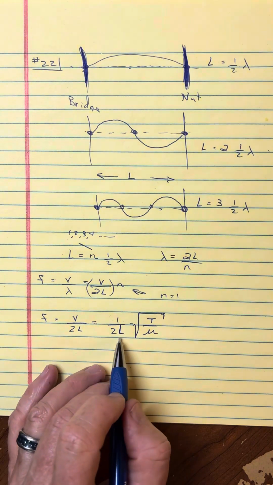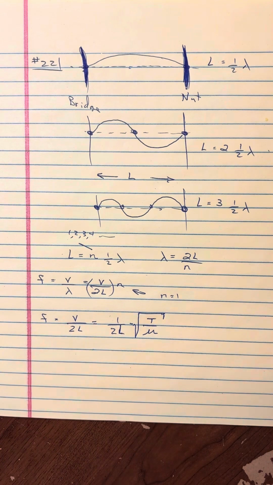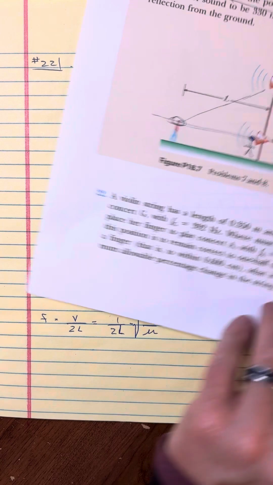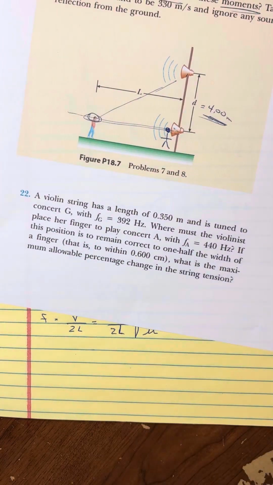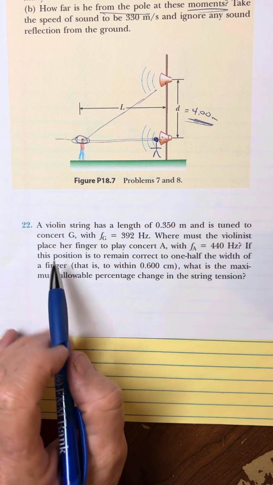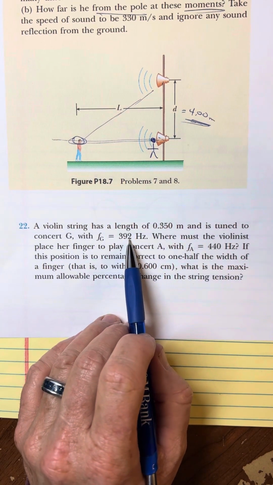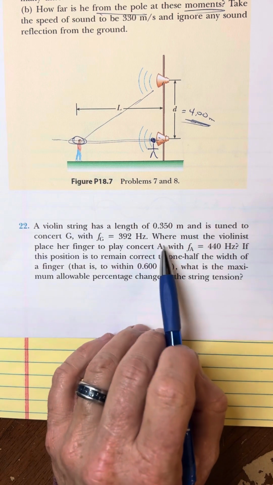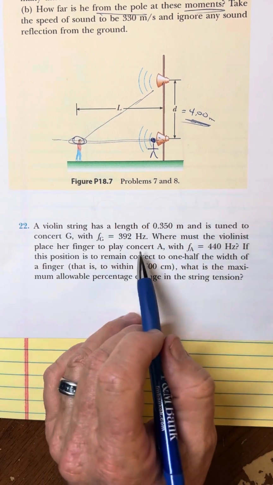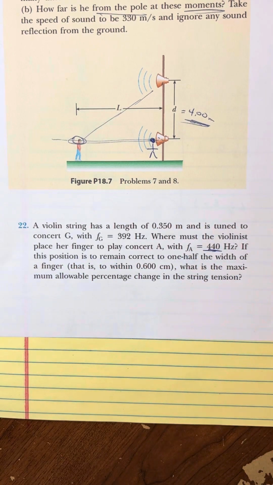And so by lowering this length, you're going to raise the frequency, and that's why this problem talks about the string you're going to use being the G string. It has this frequency if you don't put your finger on it. But as you put your finger on it, you can change the length of that string, and that's going to make the frequency go up, and that's why you're going to be able to play 440.